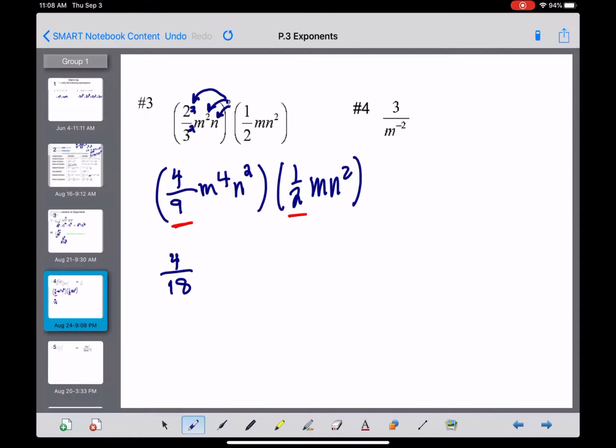And then m to the fourth times m, that means I have 5 of them, so m to the fifth. And then n squared times n squared, you're adding those exponents. And then we're going to simplify this fraction, divide both top and bottom by 2. So 2/9 m to the fifth.